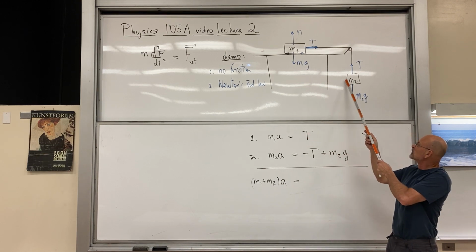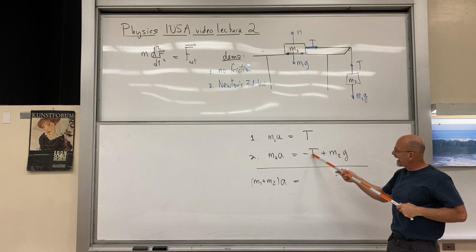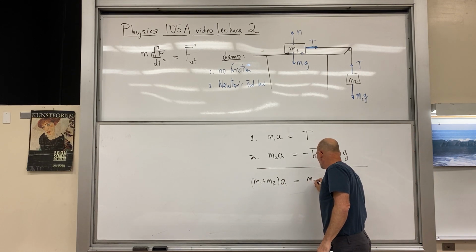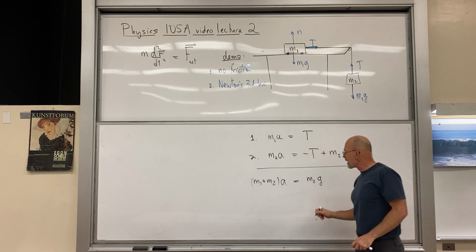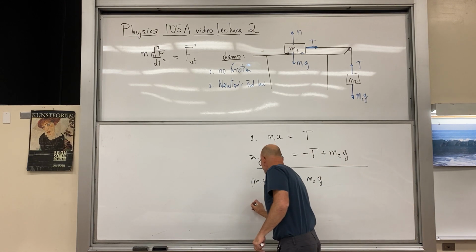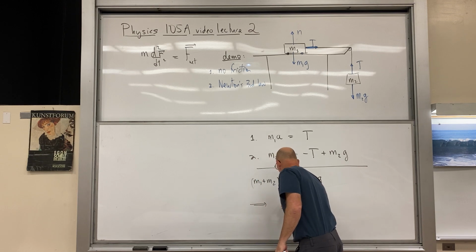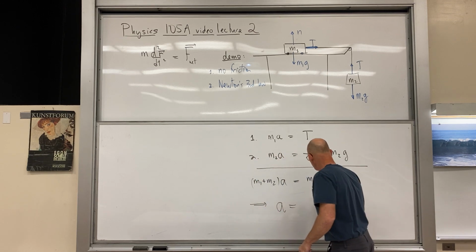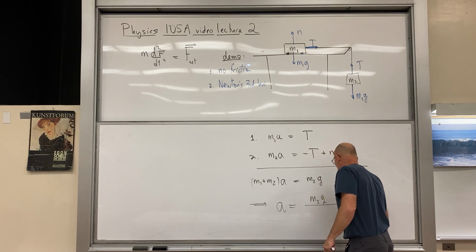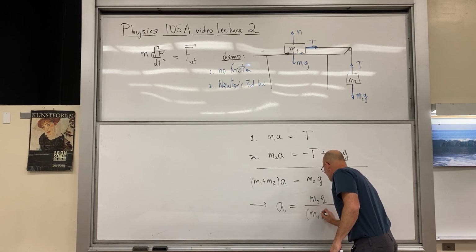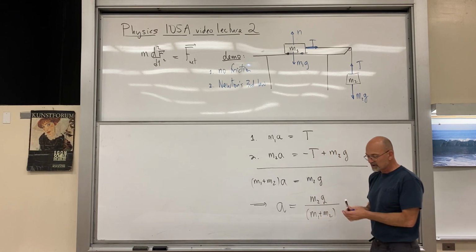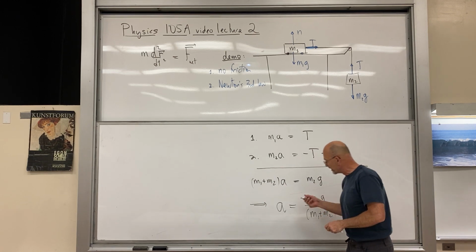We could say that's an internal force to this system, they cancel, and so we're just left with M2 times G. Okay, now I'm going to go ahead and solve for the acceleration. It's M2G divided by the sum of the two masses. Okay, so let's put a box around this and discuss it a moment.